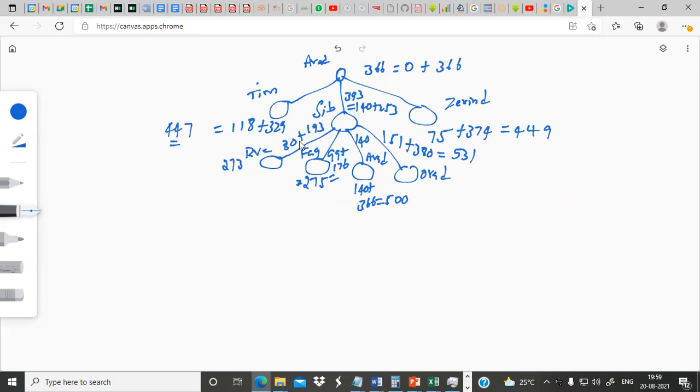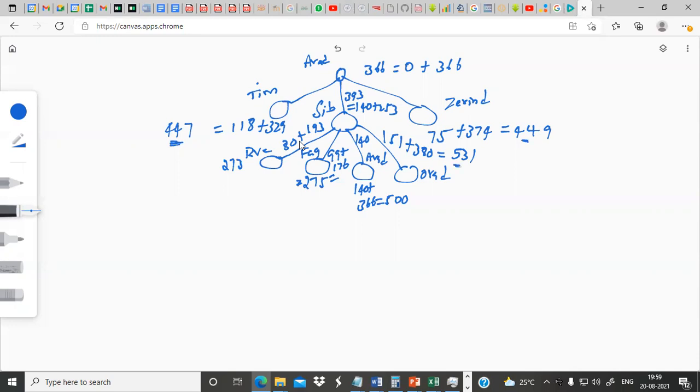So now what the algorithm should do, out of all the unexplored paths, is find the minimum. Not only these nodes, out of all the unexplored nodes, it should find the minimum. So what are the unexplored nodes? This is also an unexplored node. What is this? 447. This is also unexplored. What is this cost? 449.